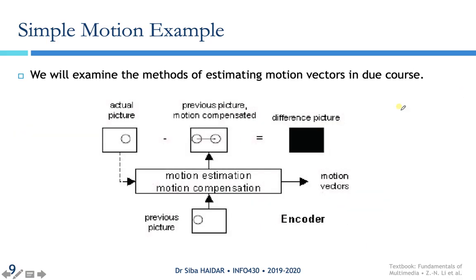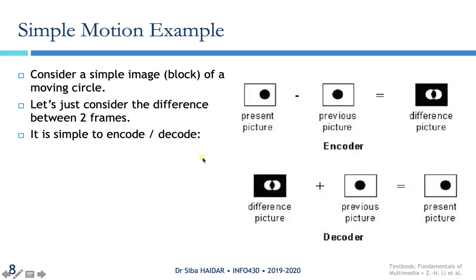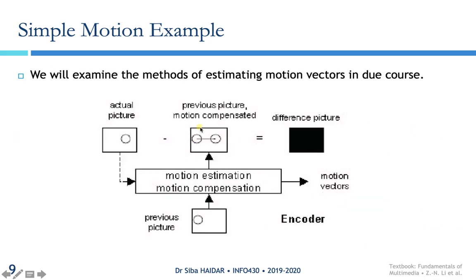Now we will continue with our example, and let us explain that we didn't only do the difference as in this slide, let us do some motion estimation. In the previous slide we didn't explain the motion estimation, now we will explain it.